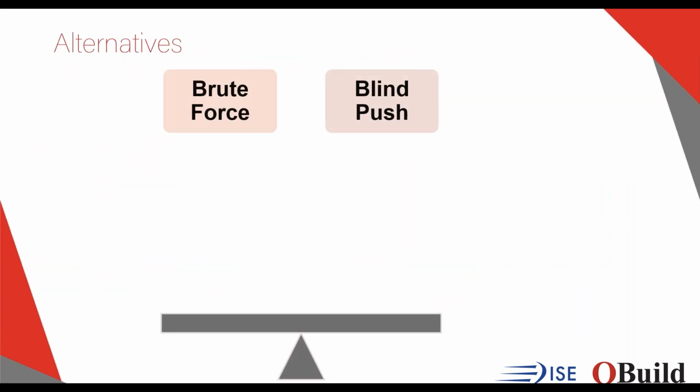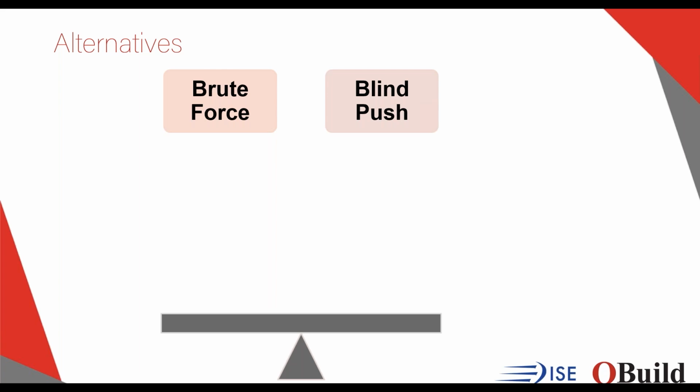We're gonna now go into some of the alternatives that we see. So when customers come to us with these challenges that I was describing earlier, it's usually as a result of using two different types of BOM entry processes. There's the first one, which is brute force, and second is blind push.